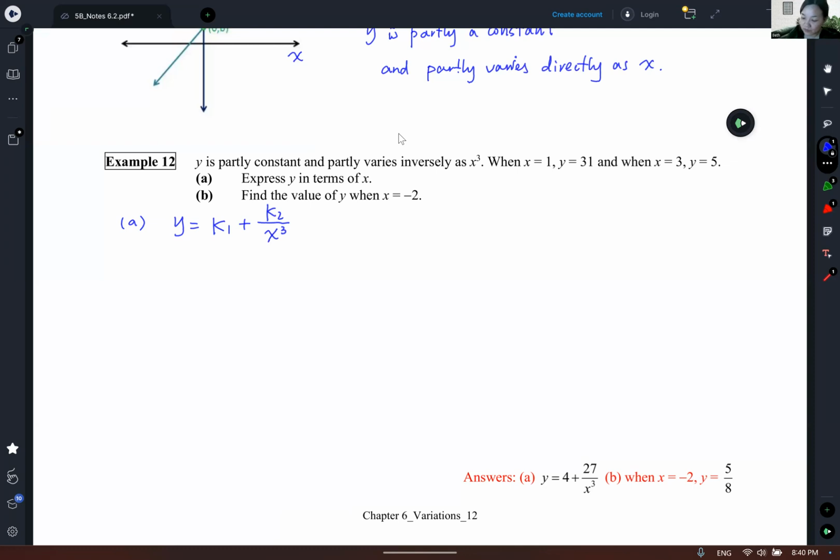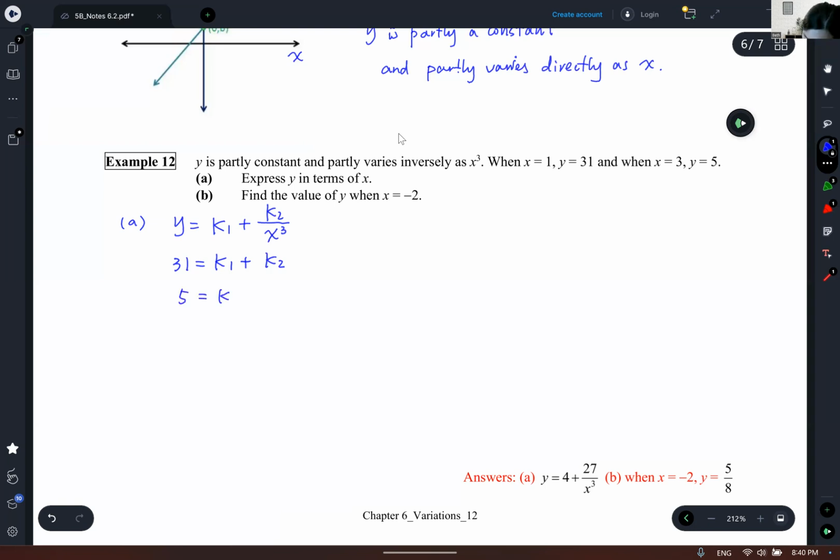From the first equation, you do substitution, that is 31 equal K1 plus K2. And the second equation is 5 equal K1 plus K2 over 27.